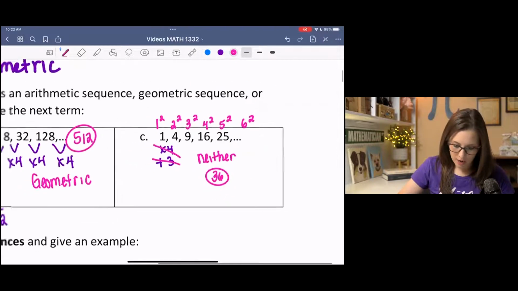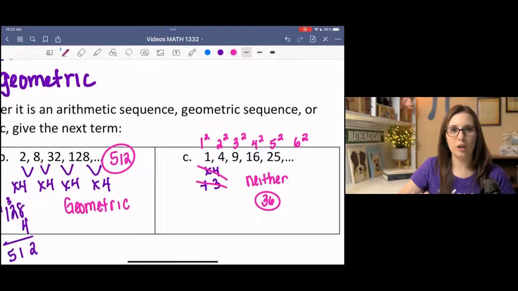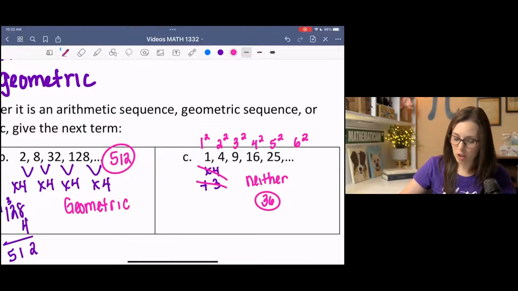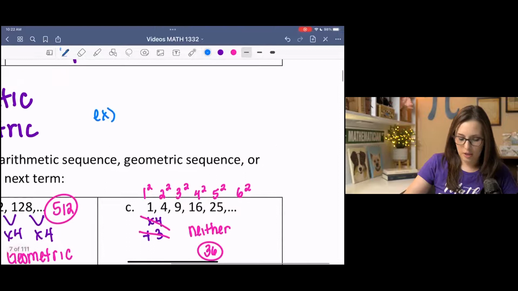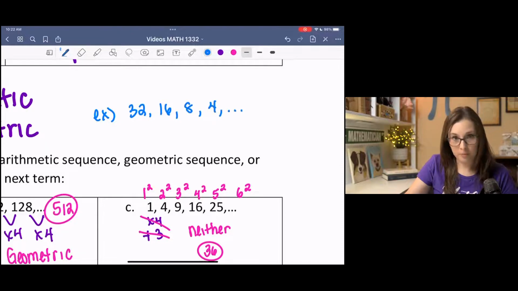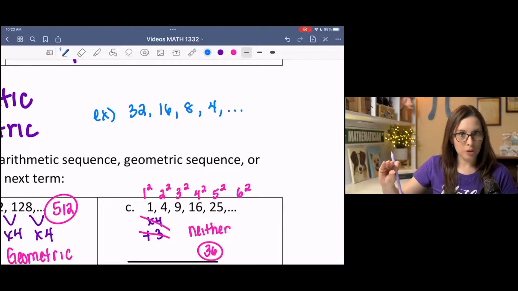I didn't have one in here, but I do want to show you an example of geometric where the common ratio is a fraction. So let me make an extra example. Let's see. 32, 16, 8, 4, and it goes on. So you can see that the numbers are getting smaller.